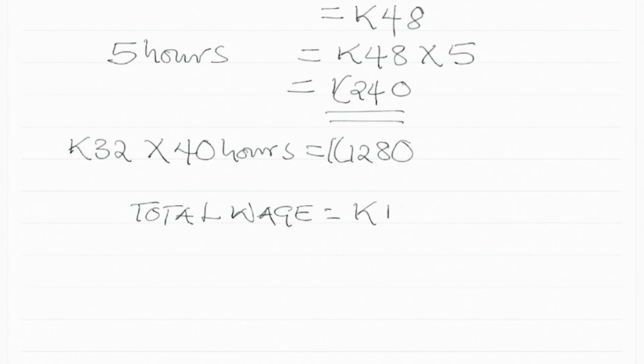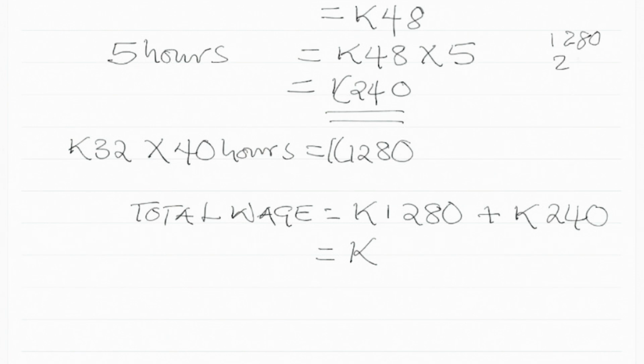When you add these two, 1,280 plus 240, basic arithmetic: 0 plus 0 is 0. 8 plus 4 is 12, 2 carry 1. 2 plus 2 is 4, plus 1, 5. Then we have 1. So you get 1,520 kwacha. This is his total wage for a week. Interesting mathematics in real life. We move on.